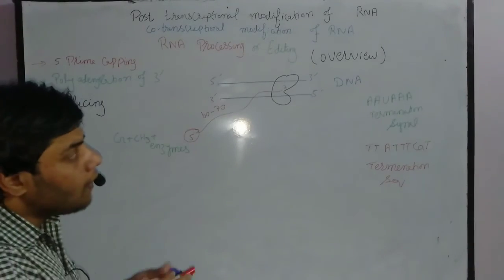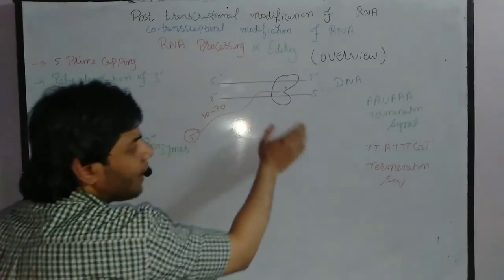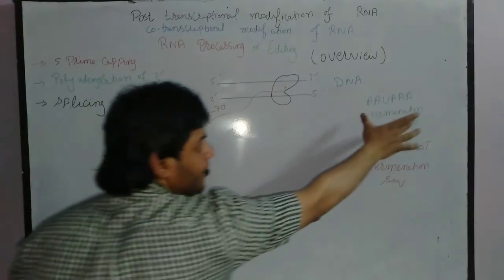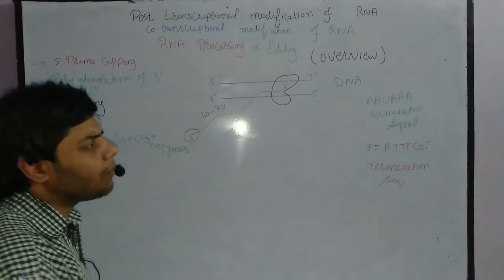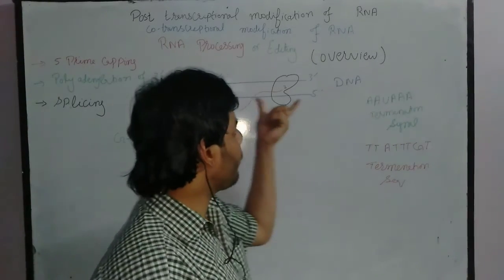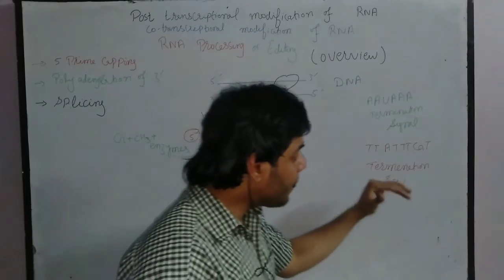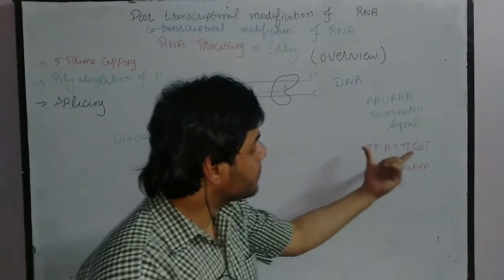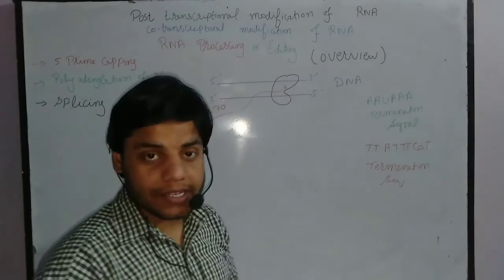The termination signal is found on the RNA. These are a kind of sequence, as you can see, found in the RNA strand. And the termination sequences are the sequences, as you can see, found in the DNA strand.